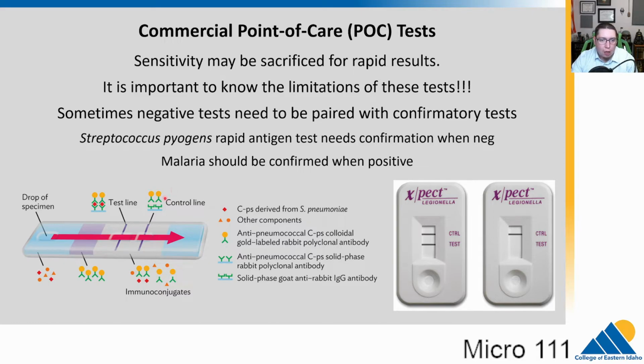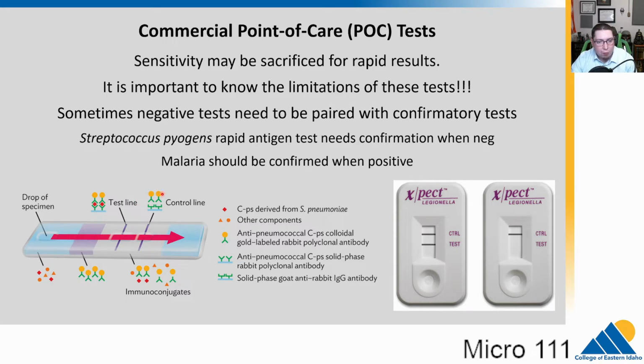As the rabbit antibodies that are free floating flow through, they will reach the control line. The control line has the goat anti-rabbit antibodies stuck to it. So it is going to bind any free floating antibodies of the rabbit one, the test one. That shows that everything flowed through.